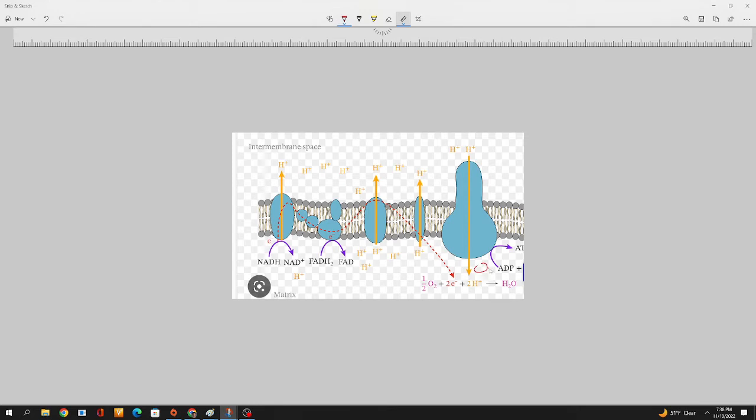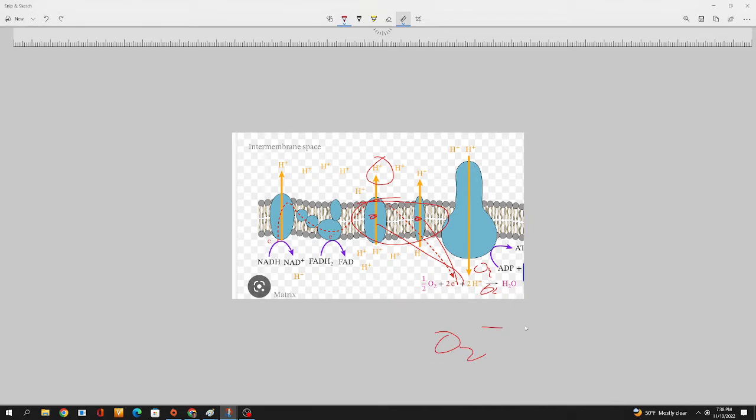There is going to be oxygen floating around within this region, and oxygen loves being negatively charged. So it's going to take in the last two electrons in this transport chain. It's going to suck them in, and it becomes O2 and very negative. It becomes a thing called peroxide temporarily.